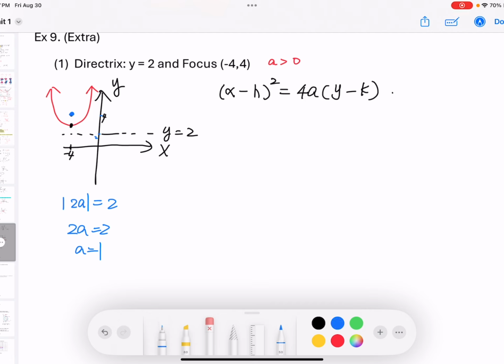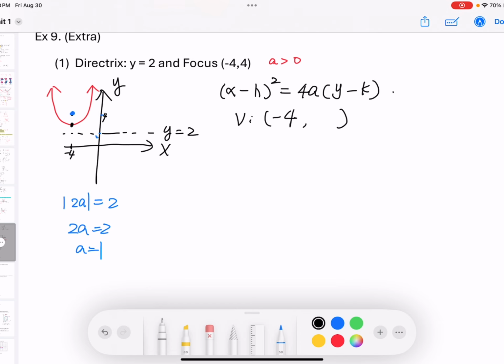How about the vertex? The vertex is between the directrix and the focus. It has the same x value as my focus, negative 4. And then the y value: we know that a is 1, so we come from the focus down 1 unit. 4 minus 1 is 3.